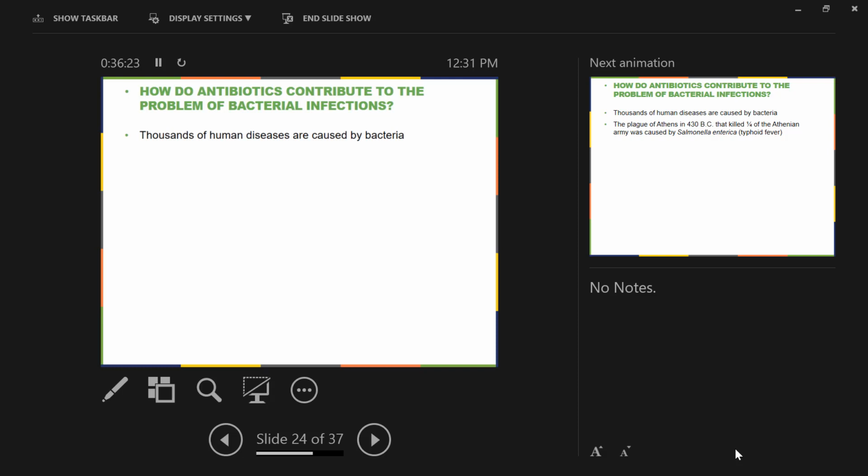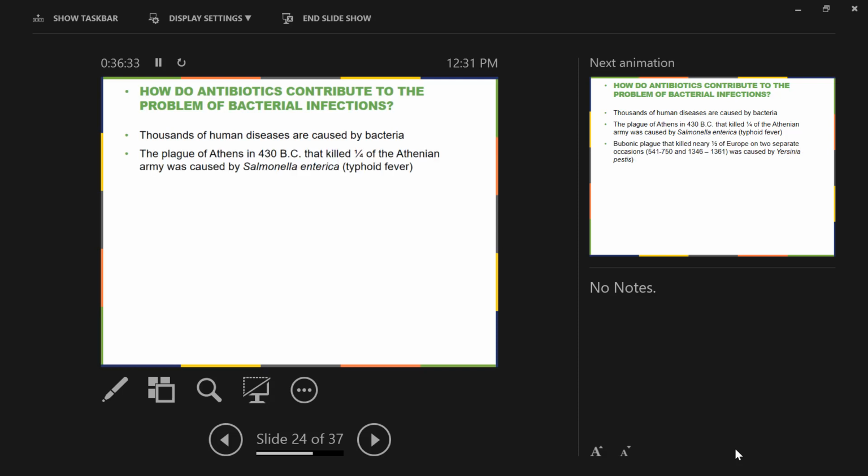So on top of reading the history, and thinking, I'm pretty sure I know what that pathogen is, you can find bodies and pull bacterial DNA out of them. And so we know that the plague of Athens that happened in about 430 BC, that killed a quarter of the Athenian army, was caused by typhoid fever, but that bacterium is Salmonella enterica.